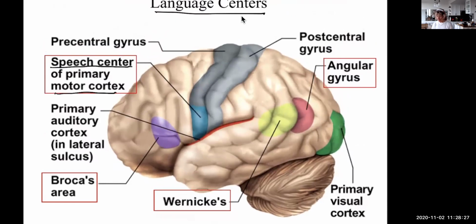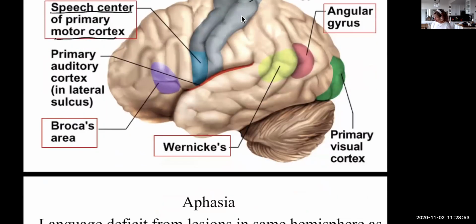That involves planning speech, planning which muscles will be used and how they will contract in order to form certain words. There's Broca's area, which generates a program for the larynx, the tongue, the cheeks, and the lips.